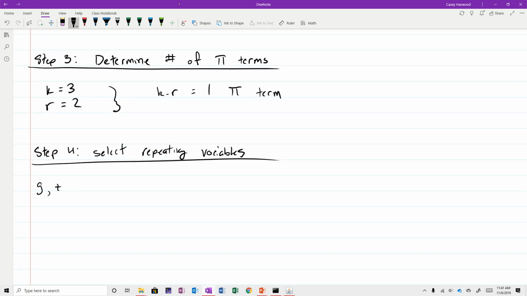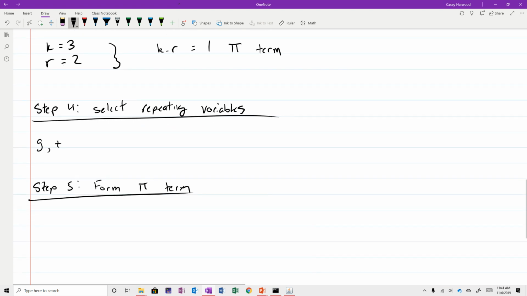Then step 5: we only go through this once, since we have one pi term to form. It is y times g to the a times t to the b.